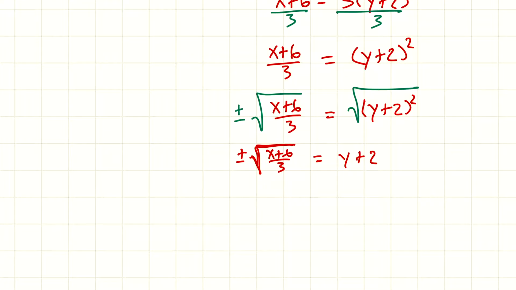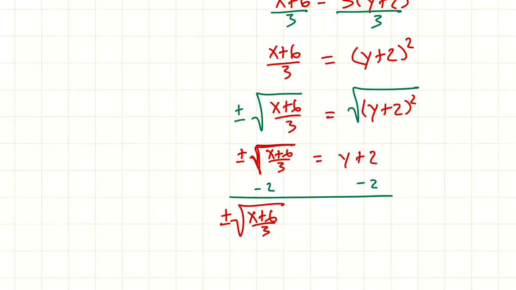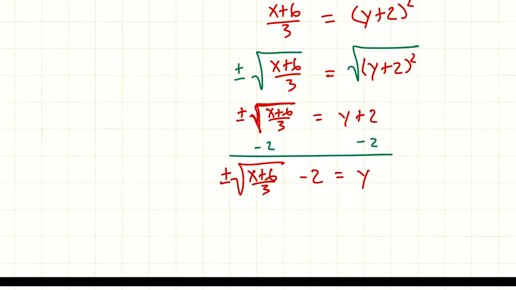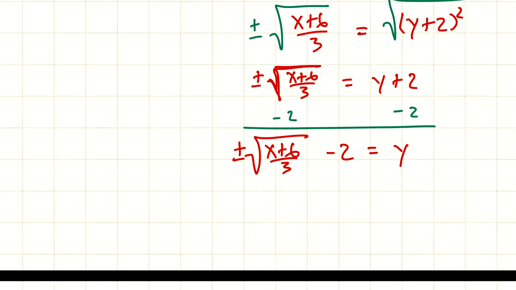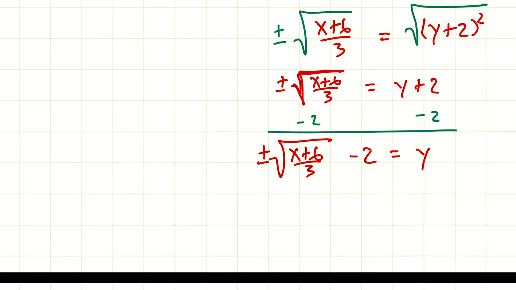Now we can subtract 2 from both sides. So we're left with plus or minus the square root of x plus 6 over 3, minus 2, equals y. All right, so now we actually have 2 functions.